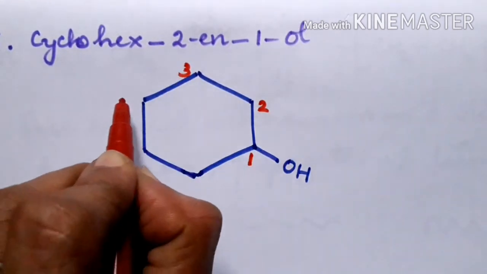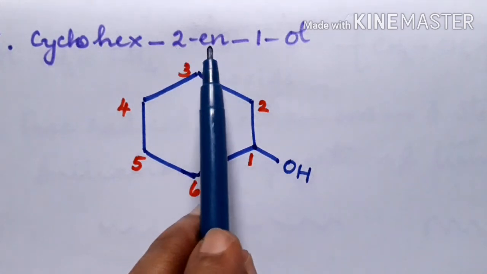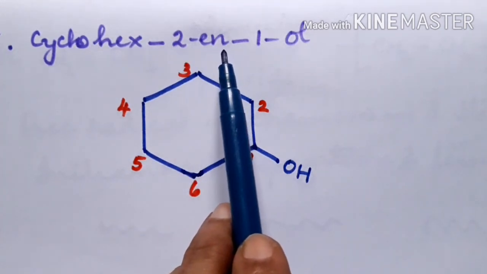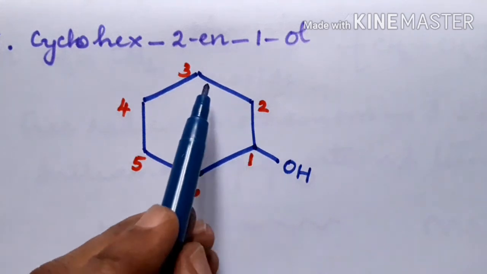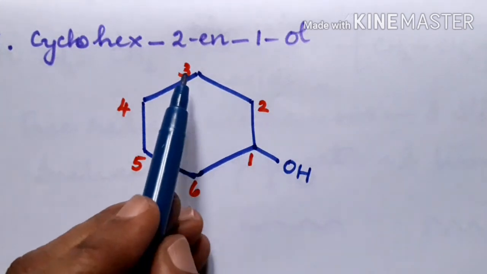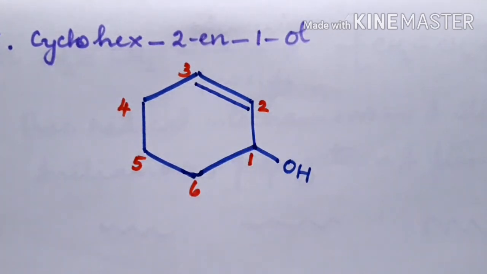Second, third, fourth, fifth, sixth. And now second position we have an ene, that means a double bond. So second position means the double bond is in between second and the third position. So the structure will be like this. Hope it is clear.